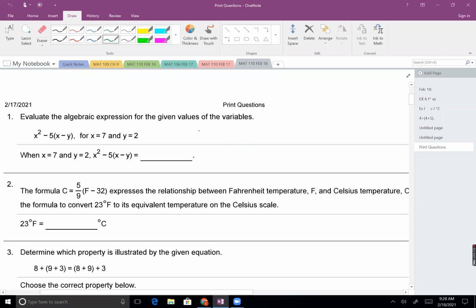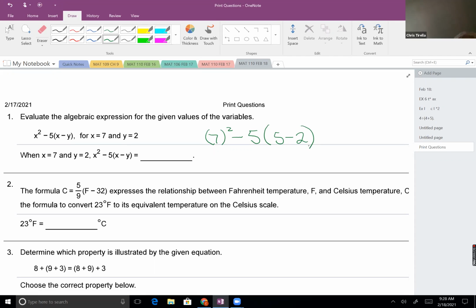So x is 7. So x squared is 7 squared, minus 5 times, x is 7, minus y is 2. Then what do I have to remember to simplify? Order of operations. Order of operations can start in the parentheses. So that's 7 squared minus 5 times, let's see, 7 minus 5. Hello, it was 7 minus 2.